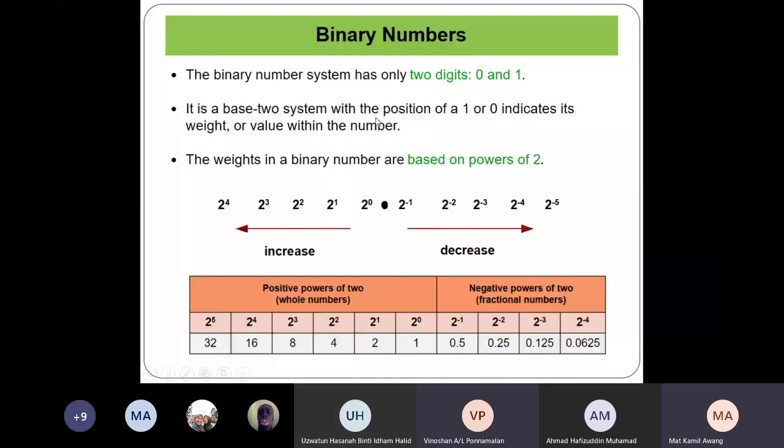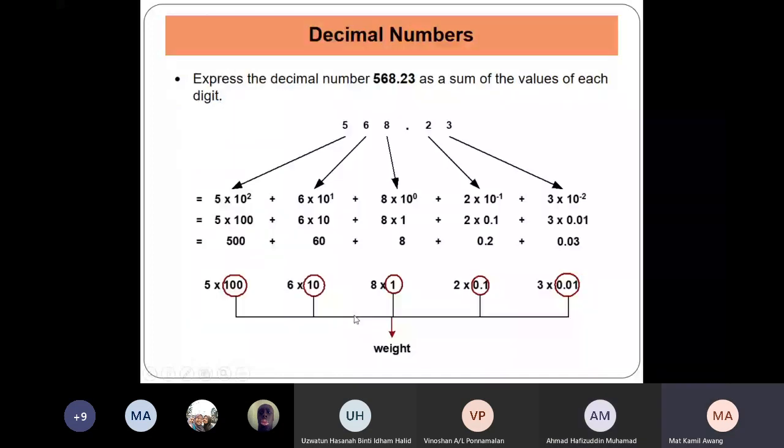For example, let's say you have 1 here. Basically it means 1 times 2 to the power of 0. If 1 here, it means 1 times 2 to the power of 1. If it's 1 here, basically 1 times 2 to the power of 4. Just like in decimal, it can be 0 until 9 at each position.